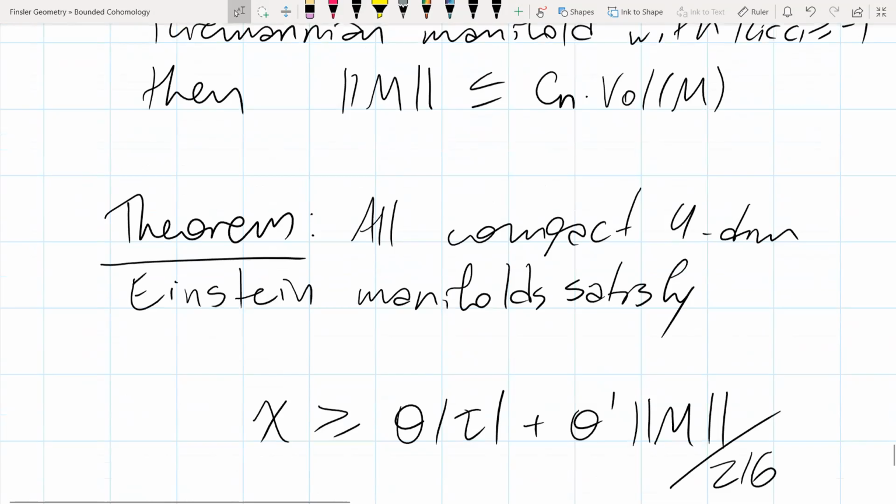If the manifold is a hyperbolic manifold, that's the worst case. In that case, we can say the Euler number is positive.